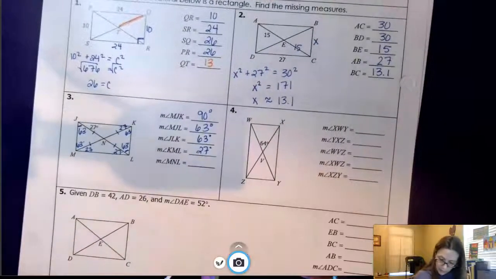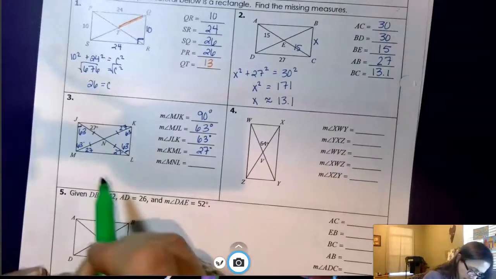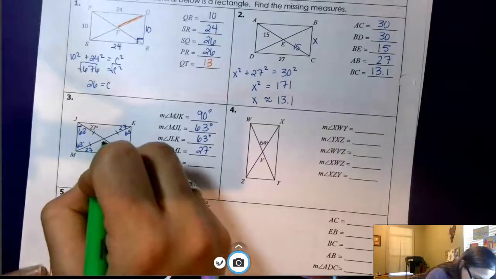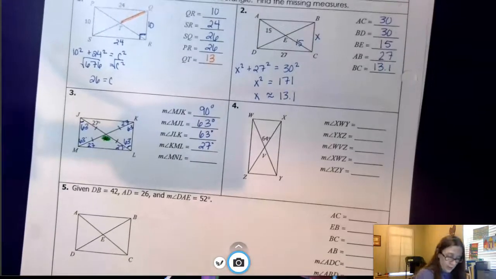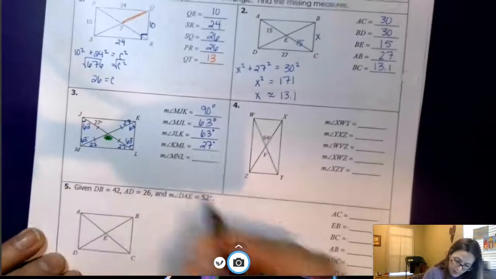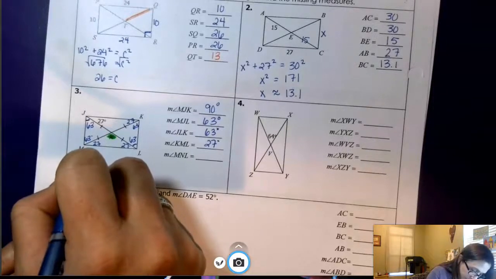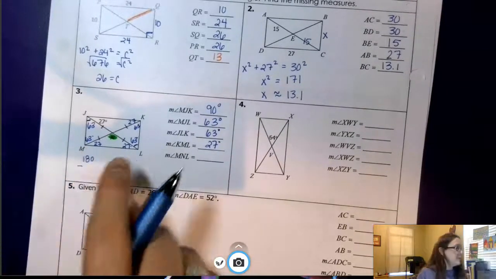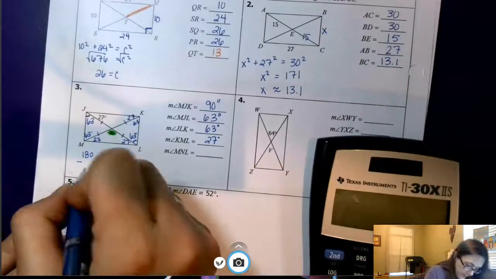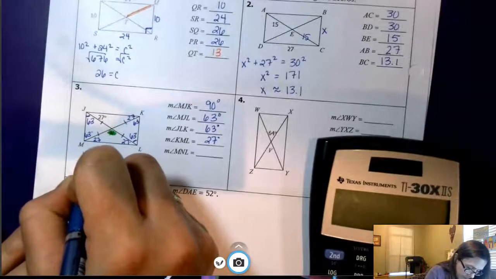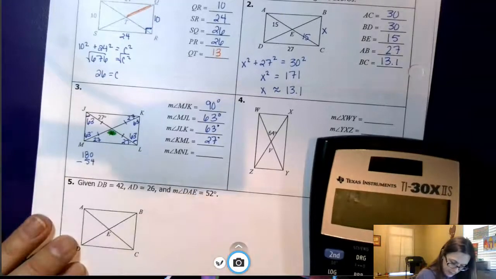Now the next I'm looking for is M, N, L, right here. So what I would do, and there's lots of different ways you could do it, is I'm going to use my triangle sum. I'm going to take 180 minus 27 and 27, which is 54. I take 180 minus 54.